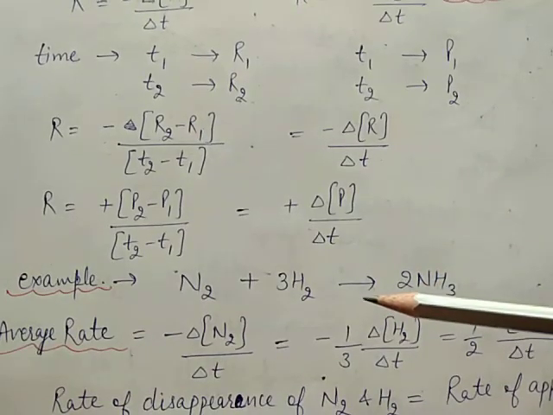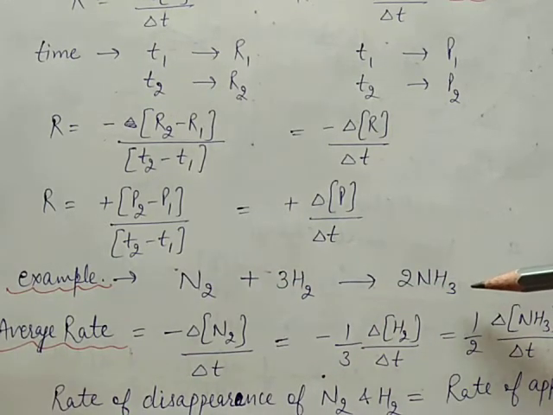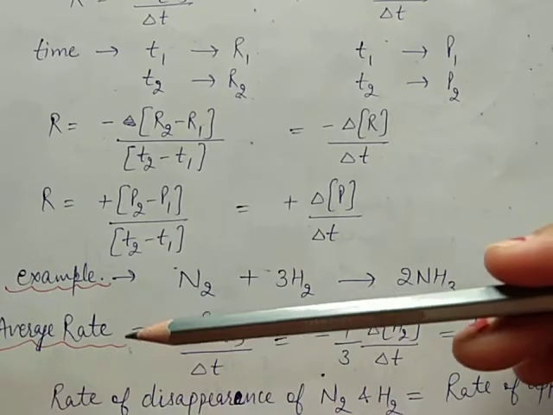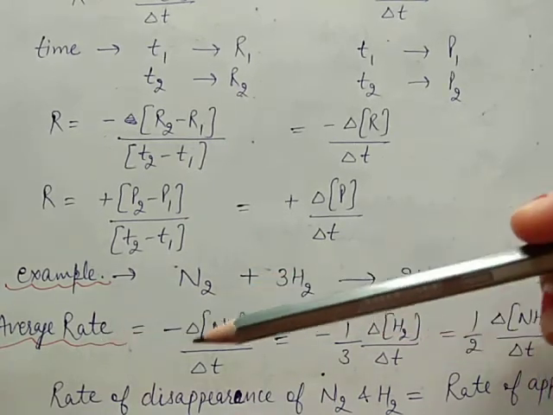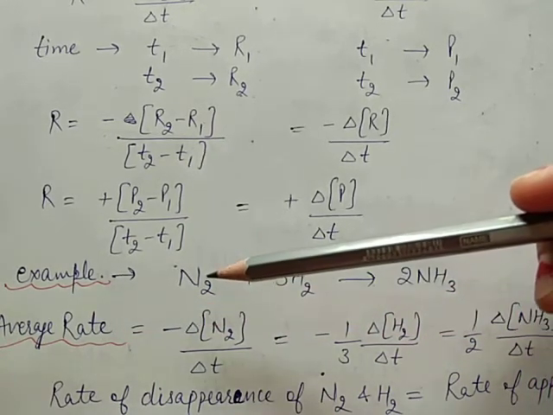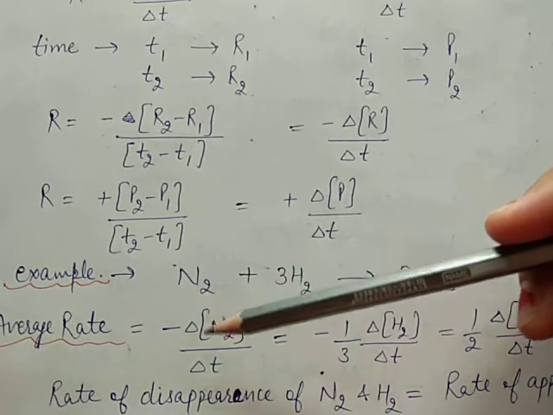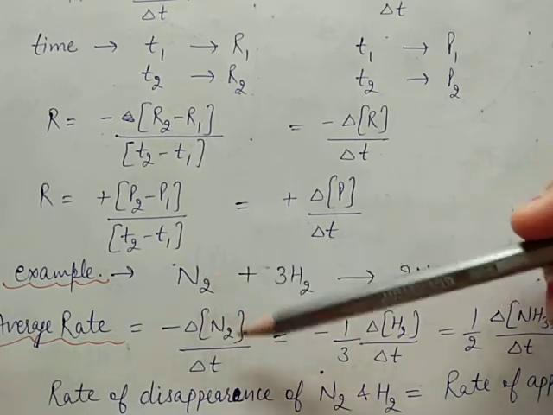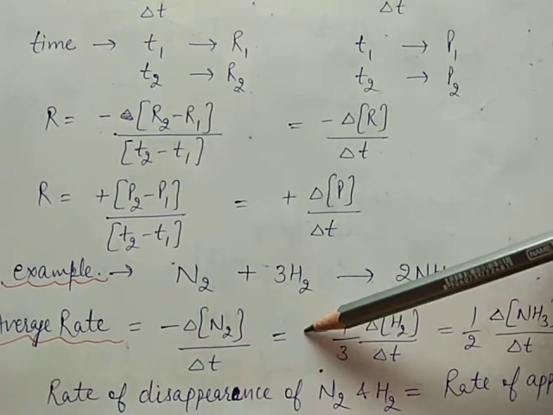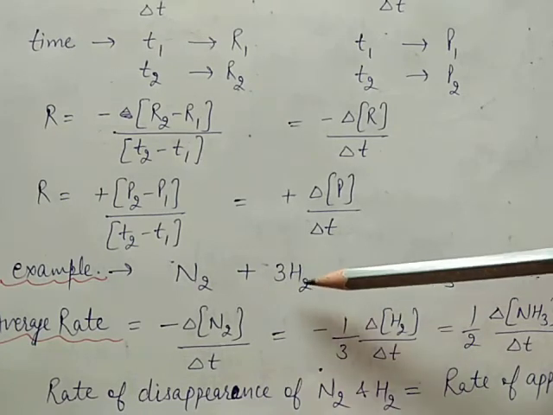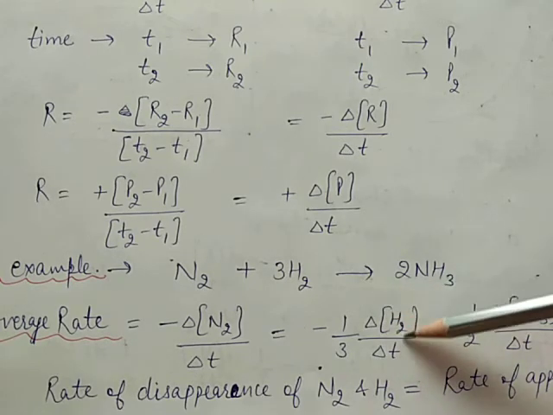Here we take one example: N2 plus 3H2 gives 2NH3. Then the rate of reaction, or average rate, is equal to minus delta concentration of N2 divided by delta t. The minus sign is for the decrease in concentration of reactant. This is equal to, same in this case, minus delta H2 by delta t, which is the concentration of H2.